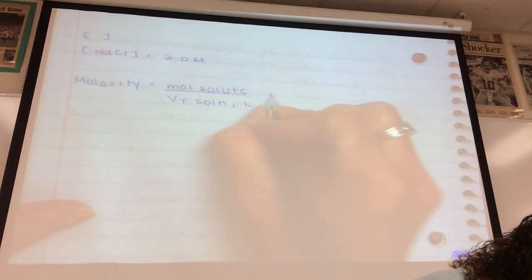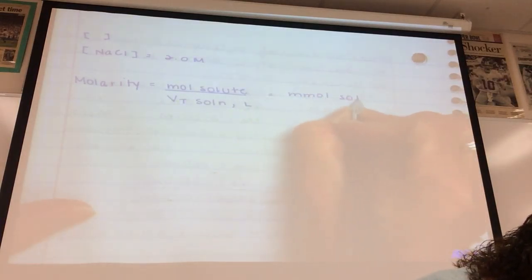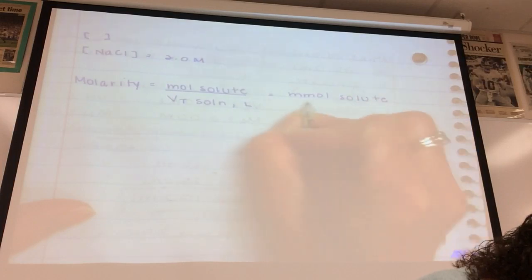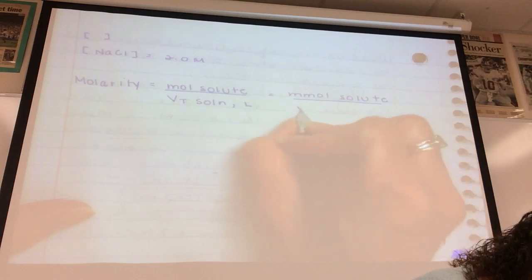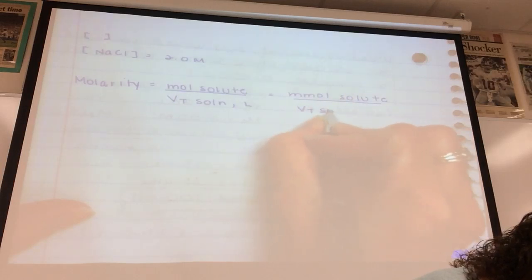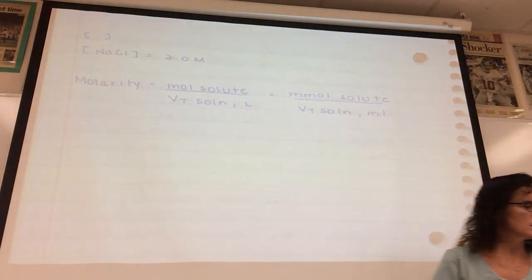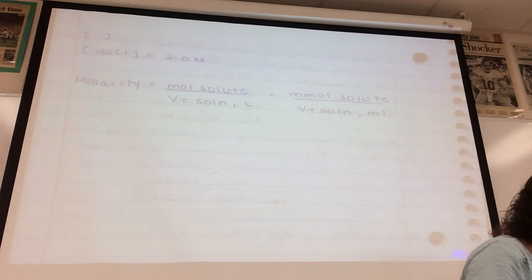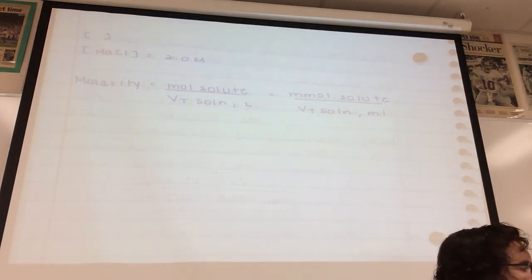You also can do this in terms of millimoles, which really comes in handy when you have small volumes, because you can do millimoles of solute over the total volume of solution in milliliters. The milli would cancel, you get the same thing. So that's molarity. And that's primarily the way we're going to express concentration.